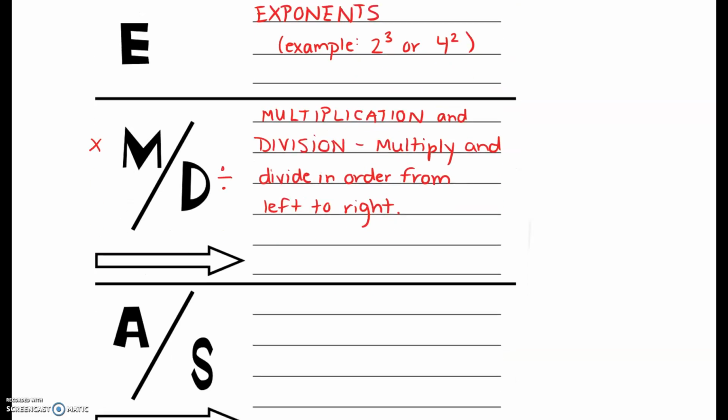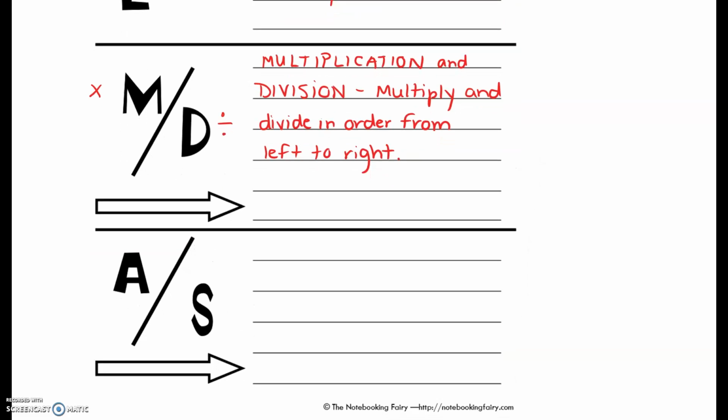Then the A and the S stand for addition and subtraction. So we have addition and subtraction. And the rule for that is exactly the same. We will add and subtract in order from left to right.